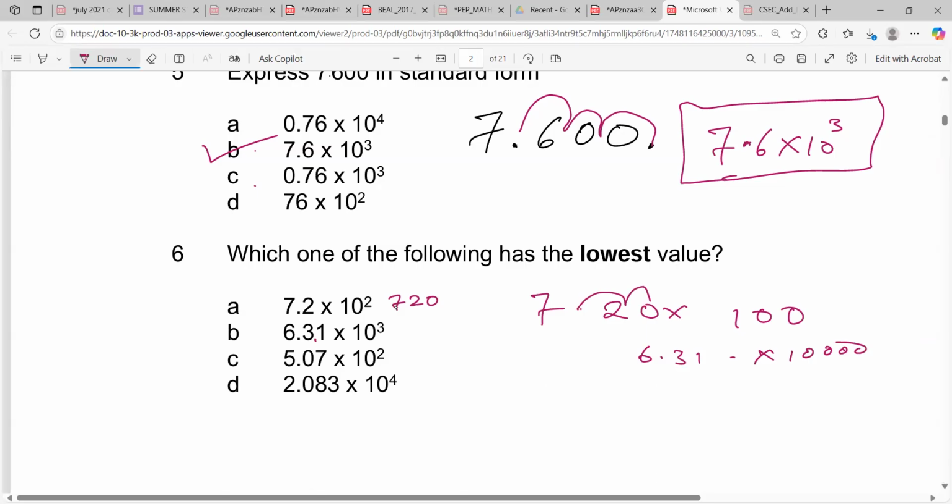That will be 6,310, I think. But this one now, we're going to move it 2 times, 1, 2. So this is 507. I move 1, 2, 3, plus another one, 4. So that would have been C.